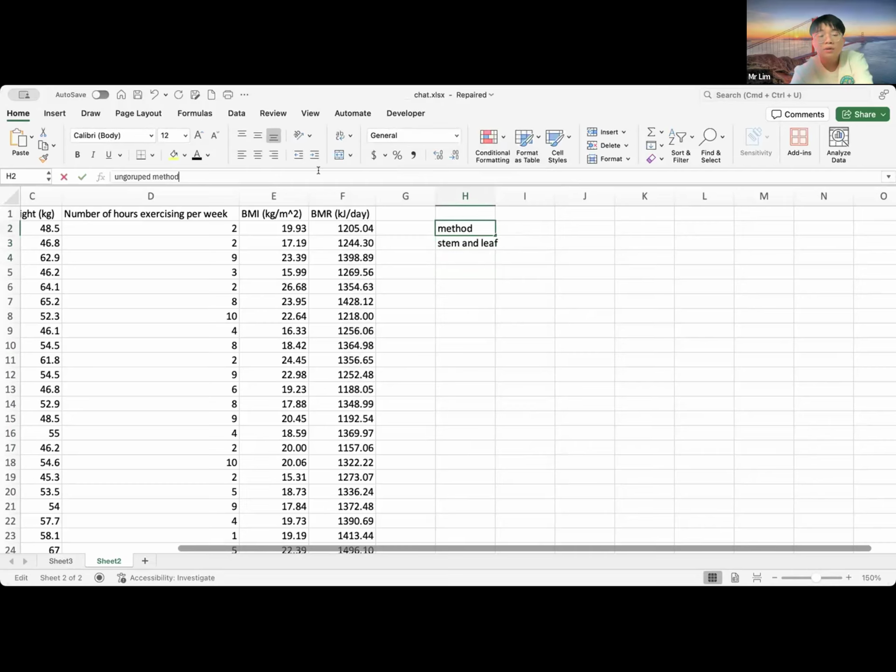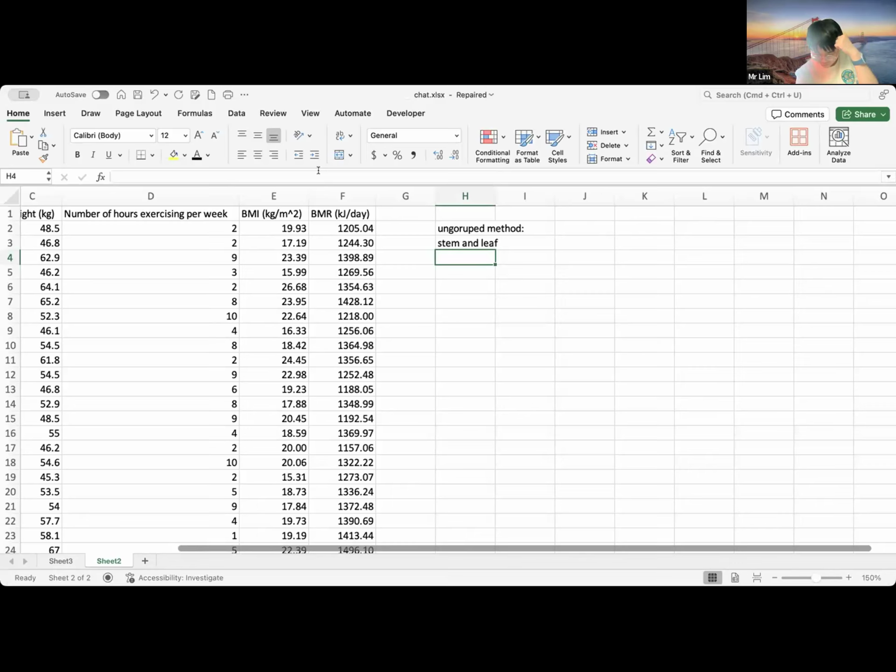Another one is box and whisker plot. And histogram and also cumulative frequency curve.